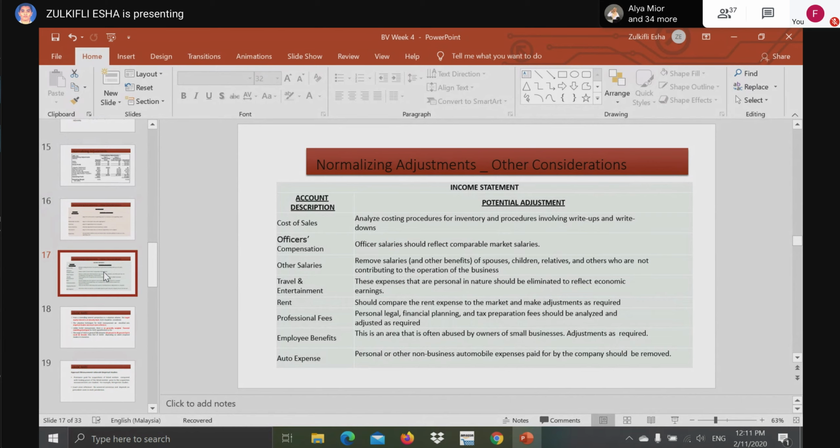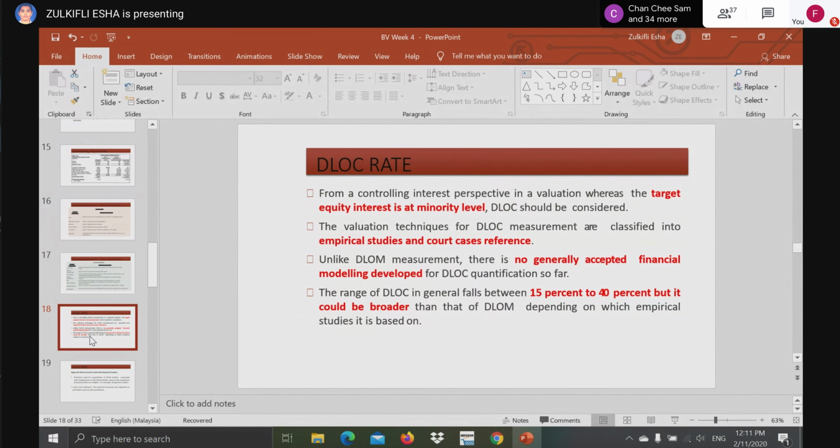We don't want our company to be so special that the figures for our company are far behind or far ahead of the other companies within the same industry. So that's why we sometimes need to do normalizing adjustments for certain cases while we are doing the business valuation.